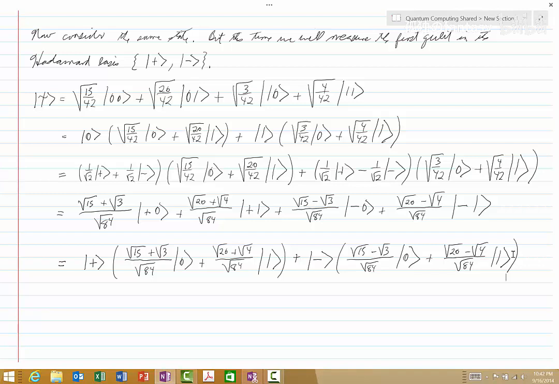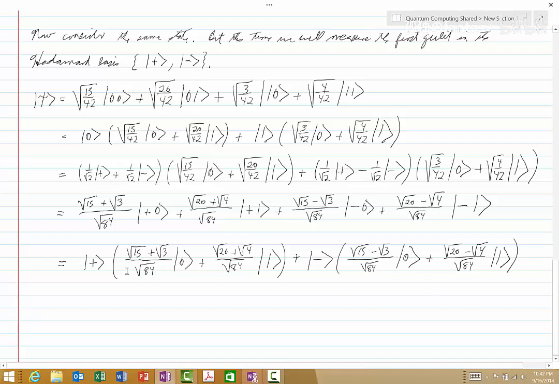And that was true when we measured the first qubit in the standard basis. But now we're measuring the first qubit in the Hadamard basis, and certainly just to glance at this expression and this expression, they look fairly different.